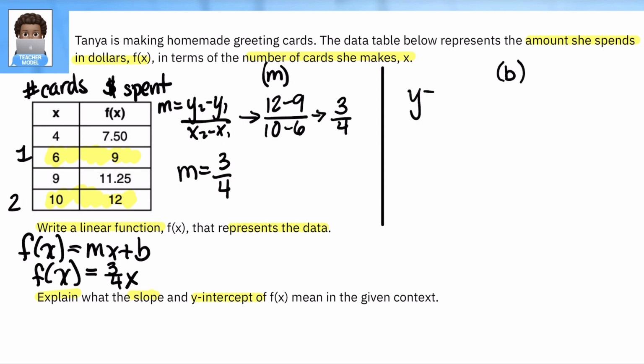I'm actually going to put it in y-intercept form just because of the coordinates we have. Y equals mx plus b. We already know what the m is, 3/4. So again, I'm just going to choose a coordinate. I'm going to choose this one that has the simplest numbers. So when y is 9, 9 is equal to 3/4 times 6 plus b.